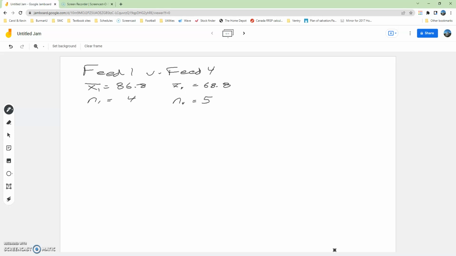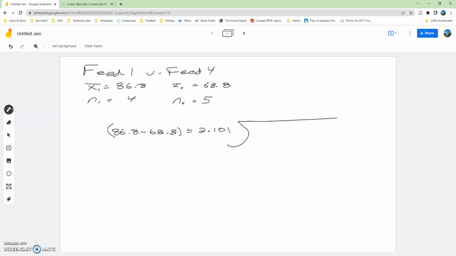Our confidence interval formula is built by taking the difference between the sample means, so 86.8 minus 68.8, plus or minus the t-value. We know the t-value is 2.101: 5% level, or 95% confidence interval, alpha is 5, divided by 2, and looking at 18 degrees of freedom.